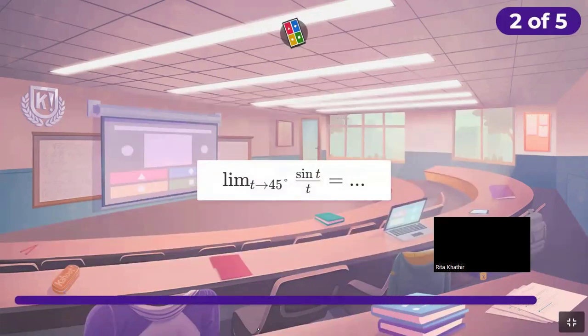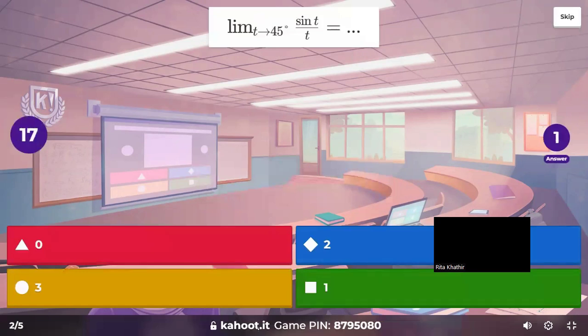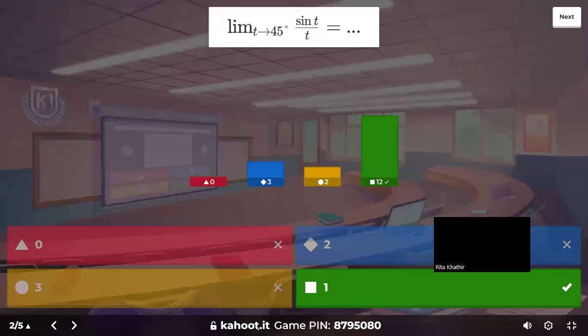Limit as t approaches 45 degrees of the function sine of t over t equals to good. Remember the rules, yeah? Theorem A and theorem B number 1. Let the limit as x approaches something, of sine x over x is 1.